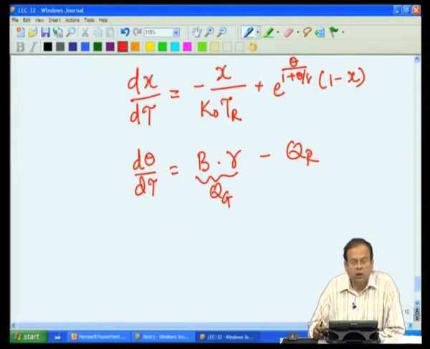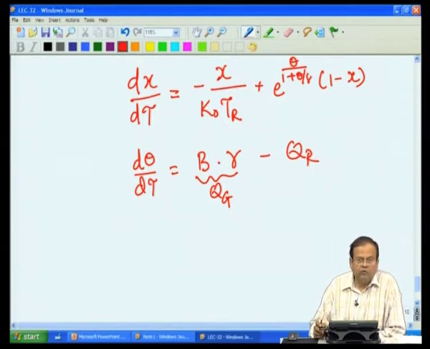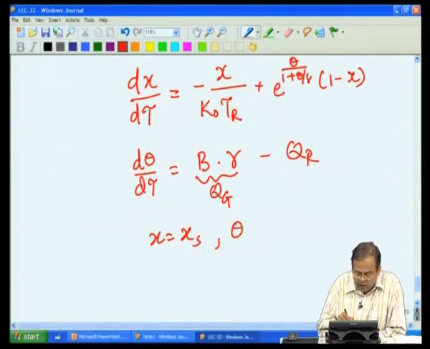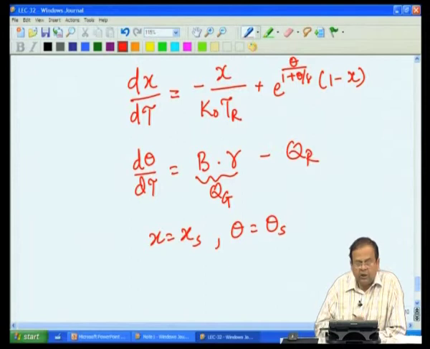So, first of all, let us define our steady state solution as x equal to x s, some dimensionless quantity, and theta equal to theta s.